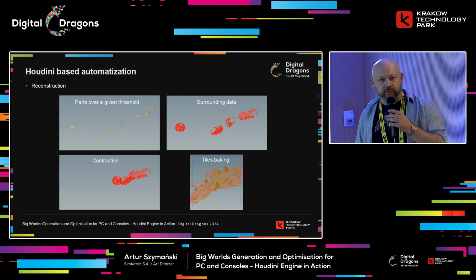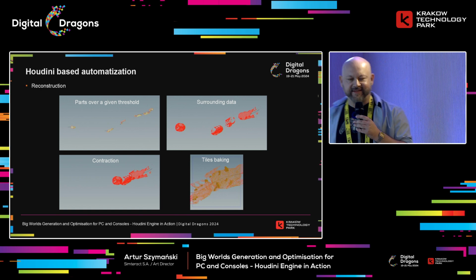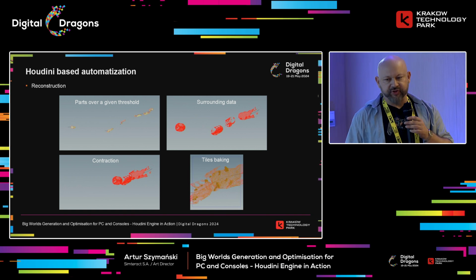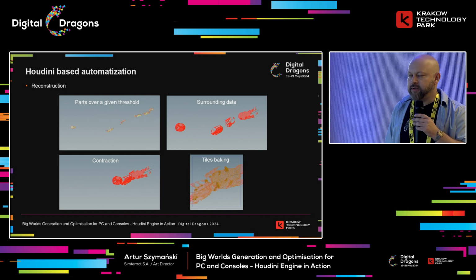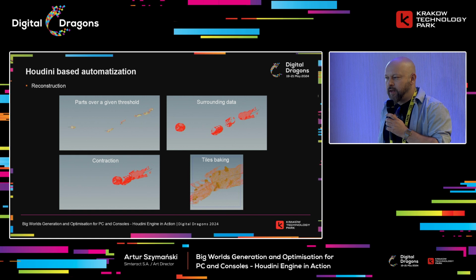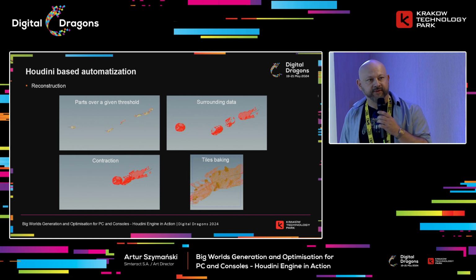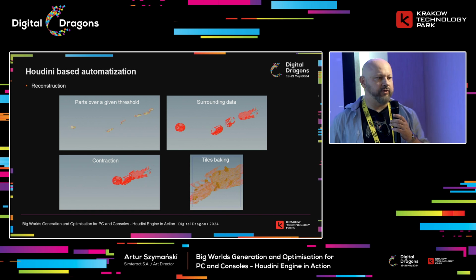There is a very good software for creating landscapes from this kind of splat data. It's World Machine. We used it in our earlier productions, but in this project it was important to give level artists feedback.